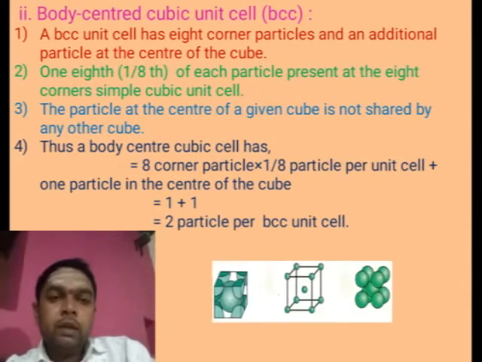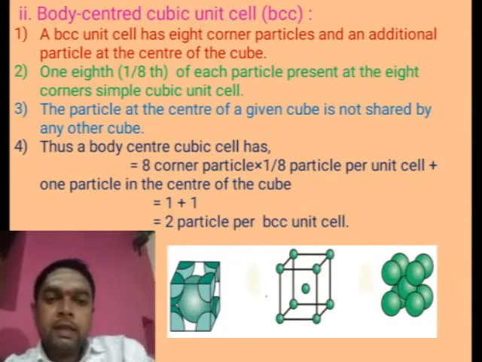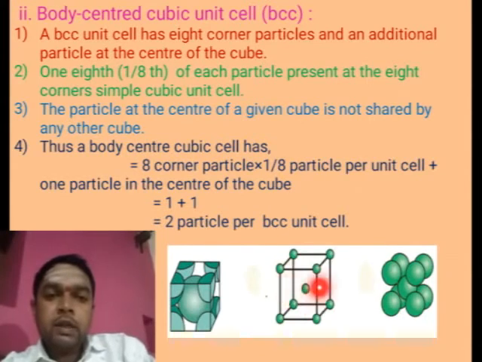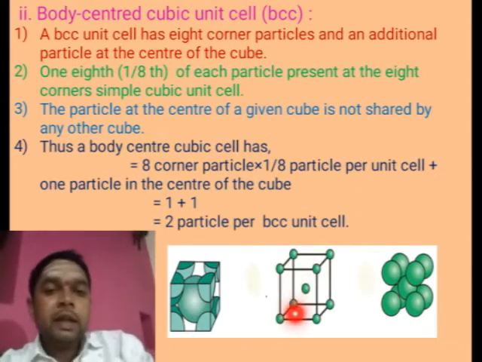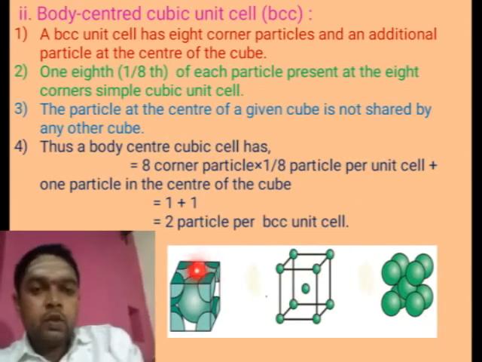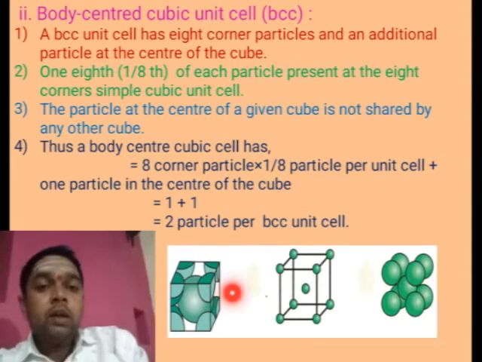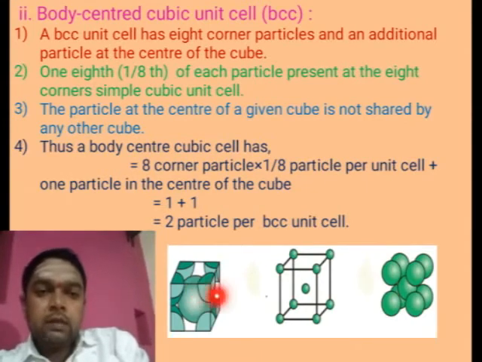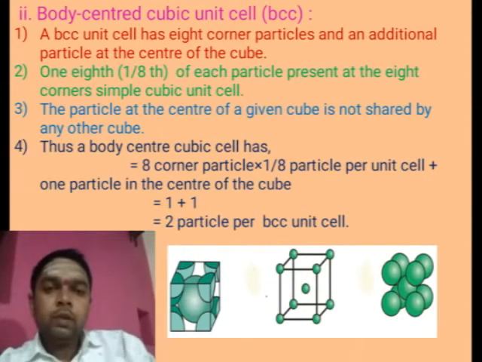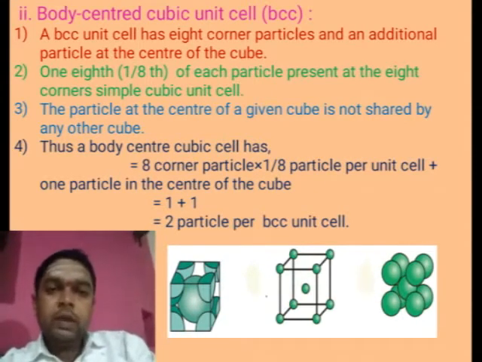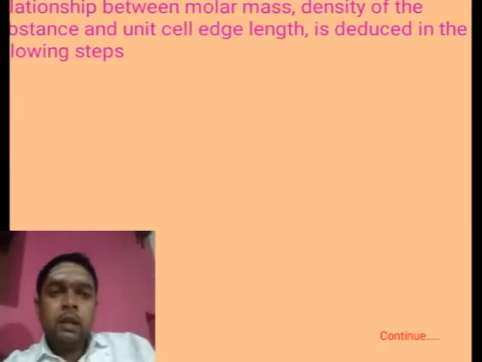As shown in the figure, a whole sphere is present at the body and 1/8 of a sphere at each corner, and these 3 figures are of body-centered unit cells.